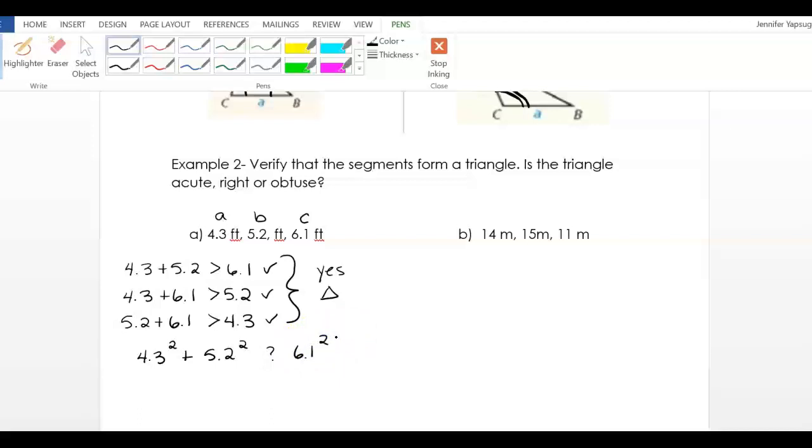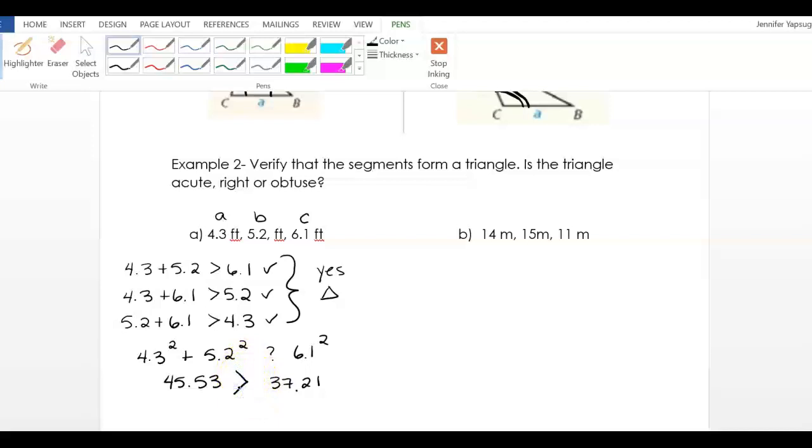So when I do 4.3 squared plus 5.2 squared, I can do that all in one step in my calculator, and I will get an answer of 45.53. And then 6.1 squared gives me an answer of 37.21. So how do these two numbers compare? Well, 45.53 is greater than.